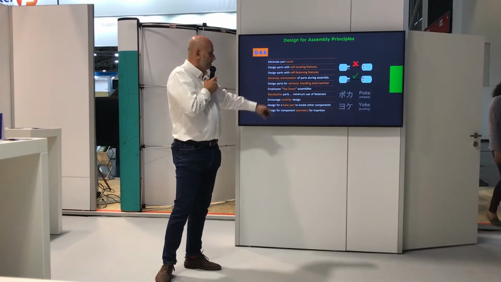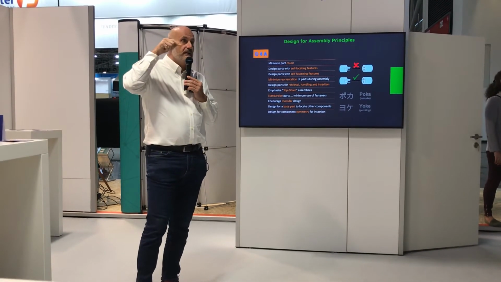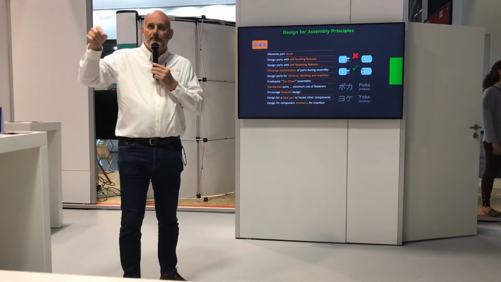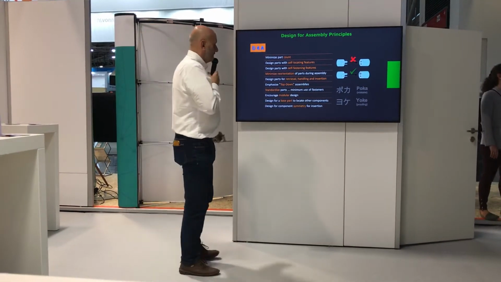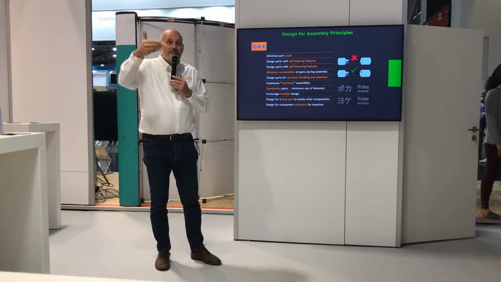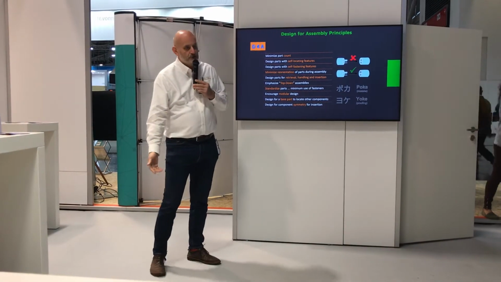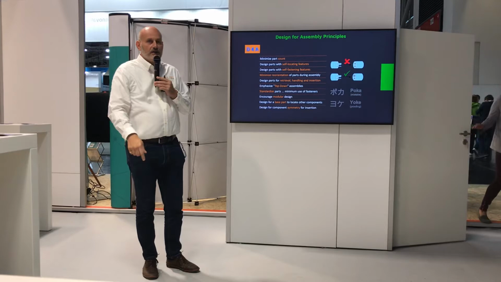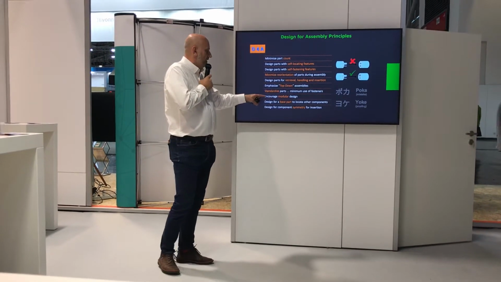Also the retrieval, handling and insertion of parts: use colors, use indications of where to put exactly the part, in order to reduce the installation time. You do it top down, so you start from somewhere and then you go in one direction while mounting. Of course, for a solar field, you go bottom up: you put the poles first, and then you mount the parts one after the other.